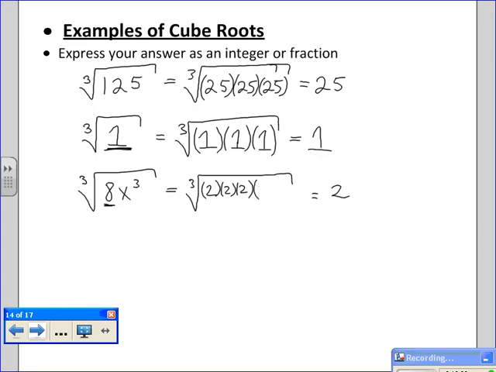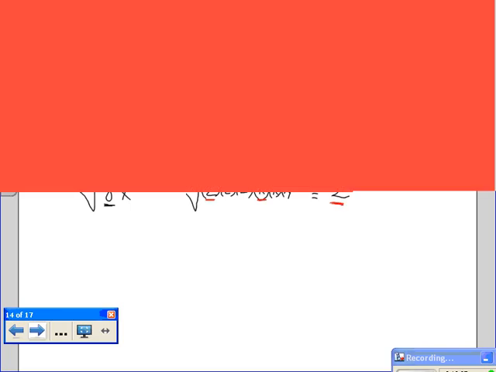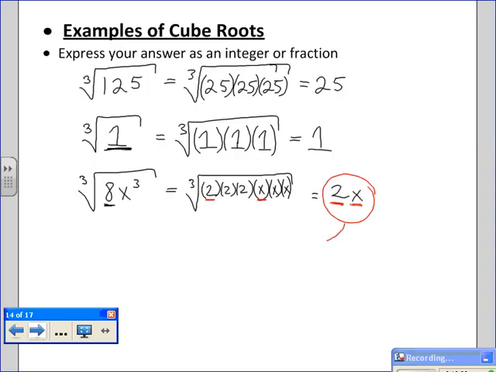Well, x cubed comes from taking x and multiplying it by itself 3 times. So x cubed is equal to x times x times x. So if I want to cube root 8x cubed, it'll give me one of those factors back. So I get 2x as my answer. And again, if I wanted to check that, to get back here, I could simply cube the whole thing.